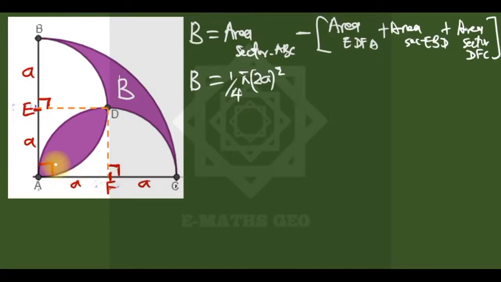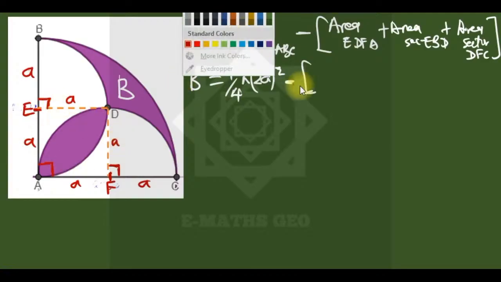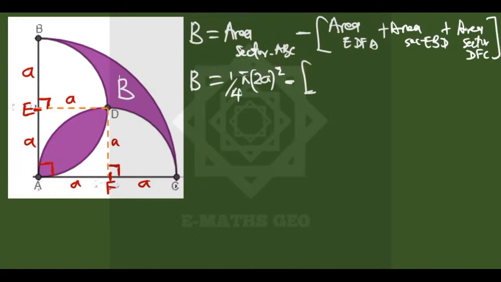The angle is 90. 90/360 is 1/4, minus area of a square. You know, this is also a. So which is a squared, that's area of this square, and this is a quarter circle.